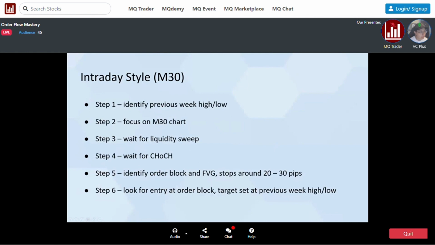Then we look at the 30-minute, wait for the sweep, wait for the change of character, look for order block, look for fair value gap, and identify entries with stops ranging around 20 to 30 pips. For your target, you can use fair value gap or your previous week high and low. The steps are exactly the same; it's just the time frame usage that is different.